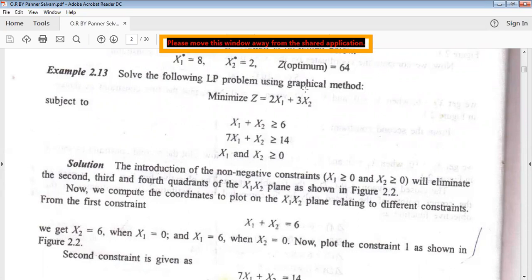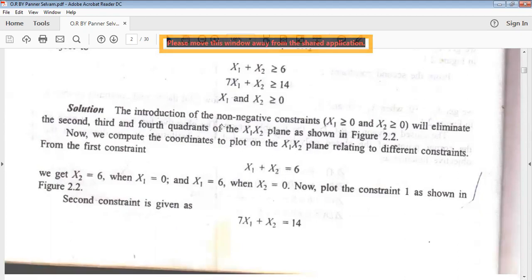Previously the constraints were lesser, and here this particular case is greater than, where x1 and x2 are always greater than 0. So the introduction of the non-negative constraints will eliminate the second, third, fourth quadrants of the x1 and x2 plane as shown in figure 2.2.